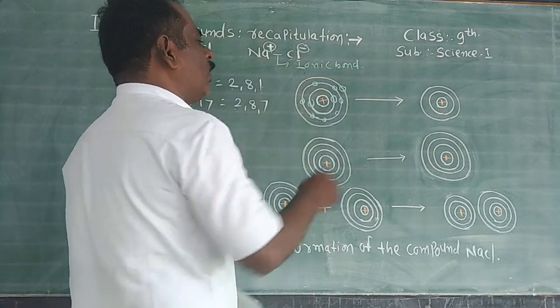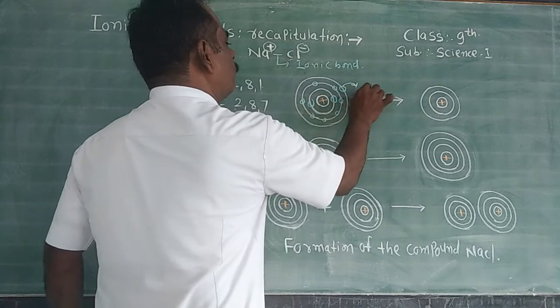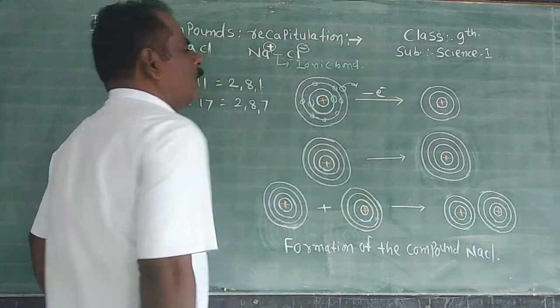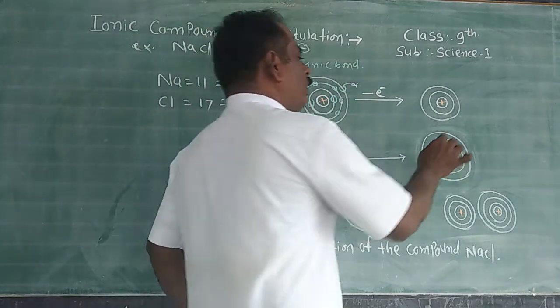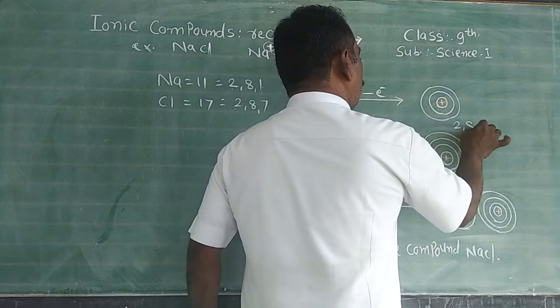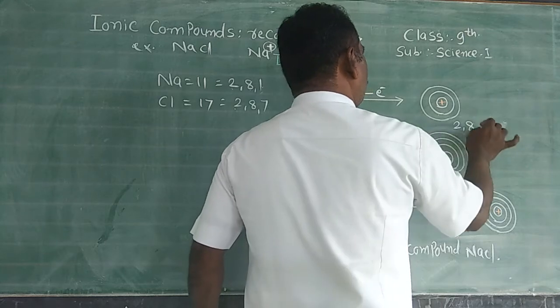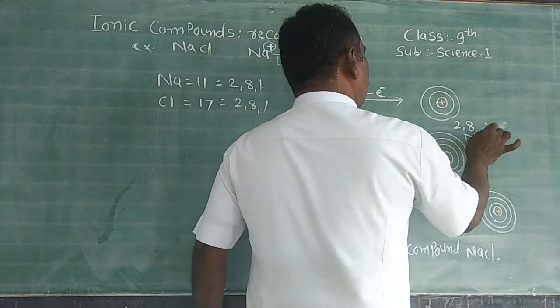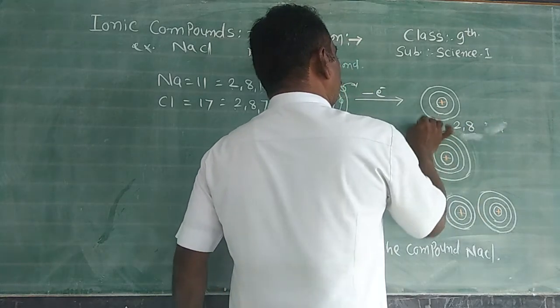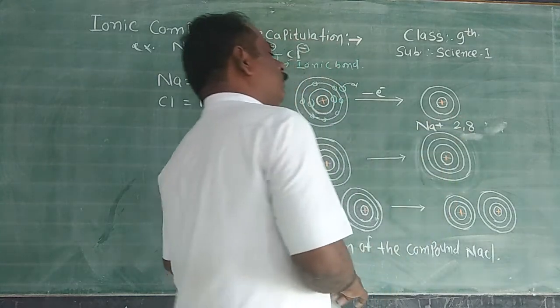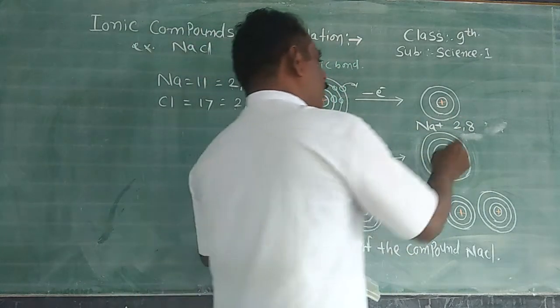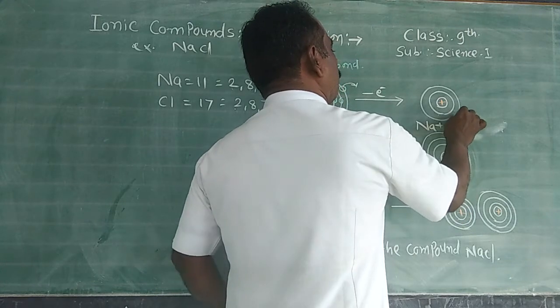This last electron is lost, and it forms the sodium ion. The electron configuration is 2, 8.